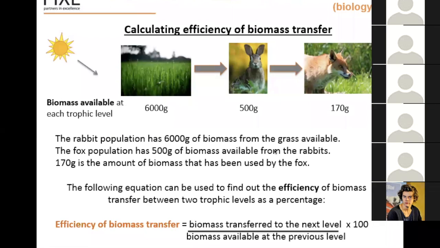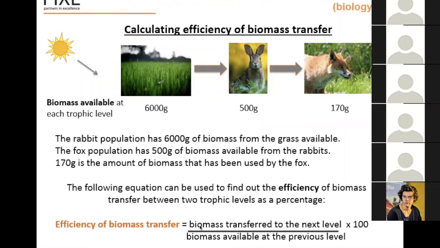The last equation, I said we'll talk about three, is to calculate the efficiency of transfer between trophic levels. The equation you need to know for that is as follows.